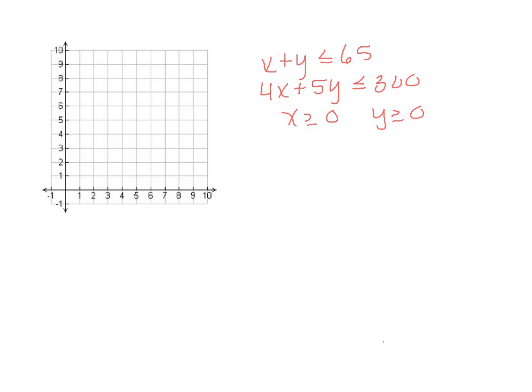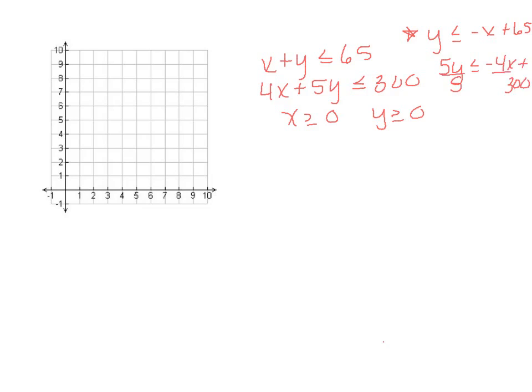We'll have to get y by itself so we can graph. In this first one, we'll have y is less than or equal to negative x plus 65. And we also have 5y is less than or equal to negative 4x plus 300.